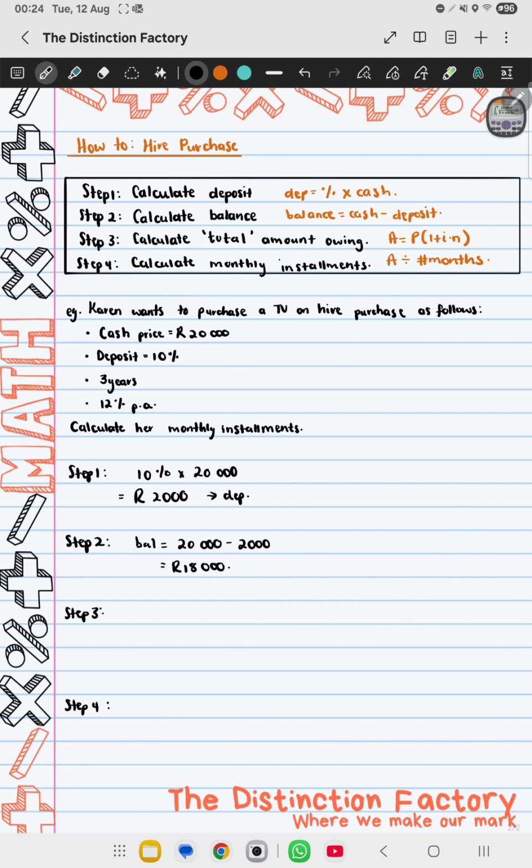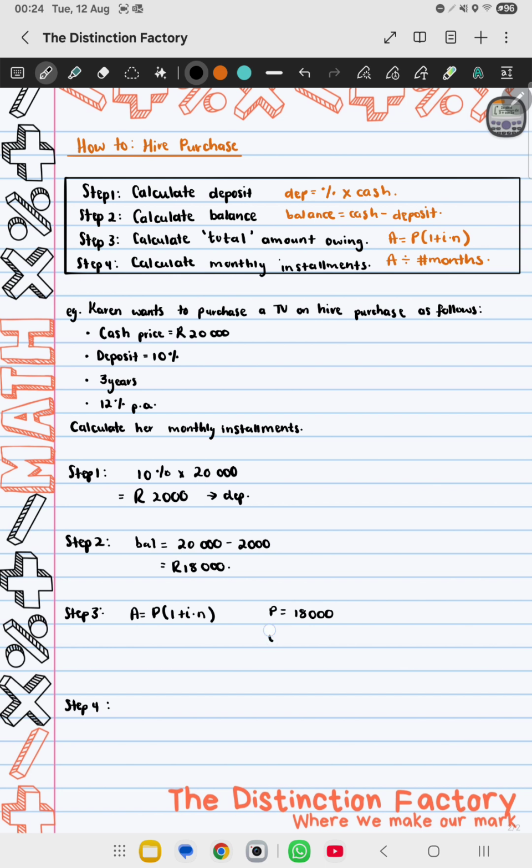All right, then step 3, calculate the total amount owing. This is after you've paid your deposit. We are going to say A is equal to P into 1 plus I times N. Remember, the P value is the balance, and we are calculating the interest that's owing on that balance.